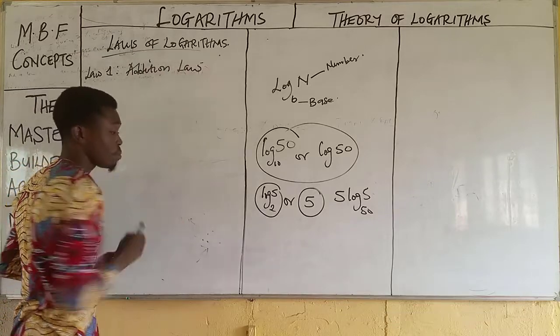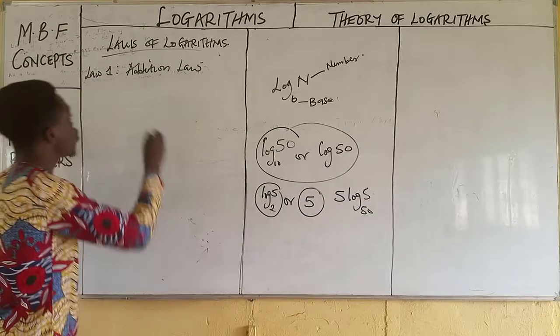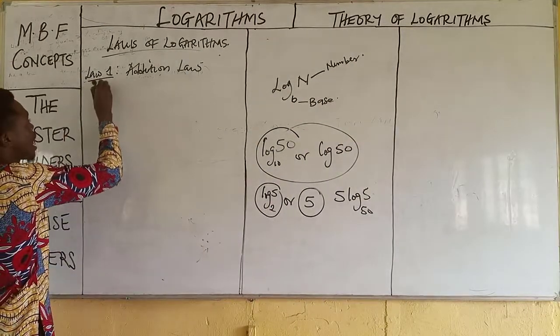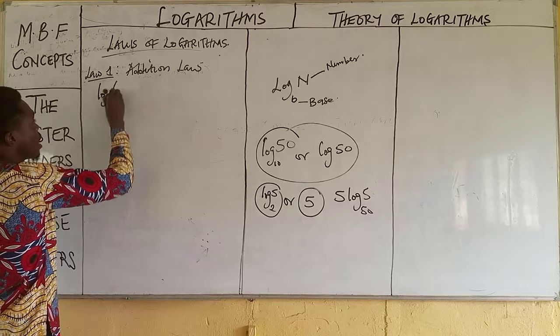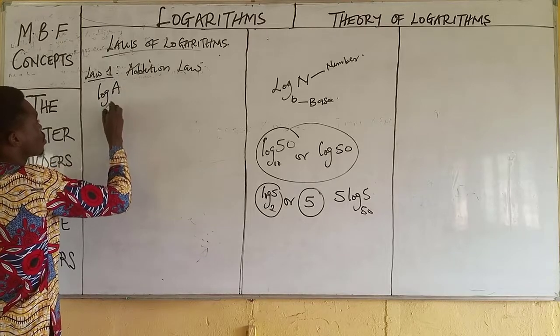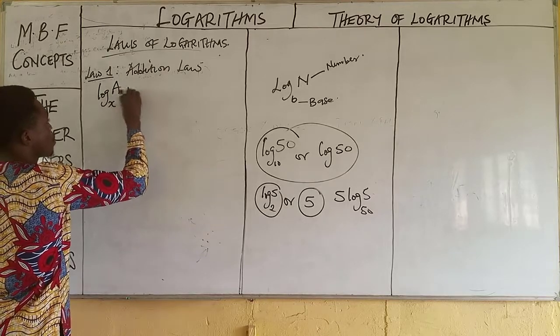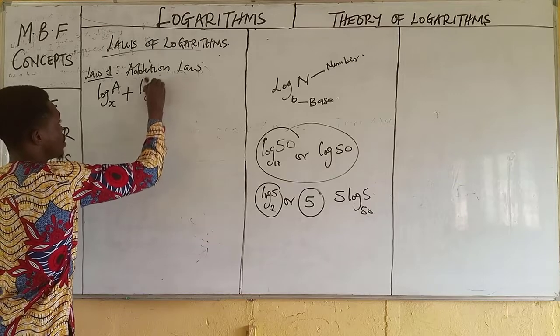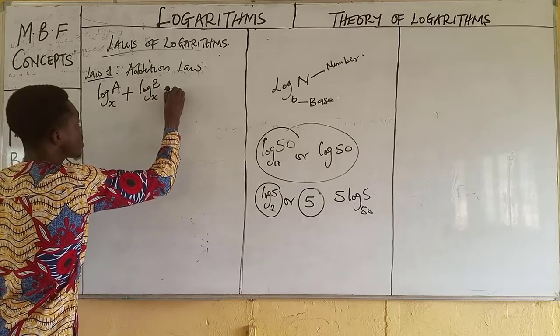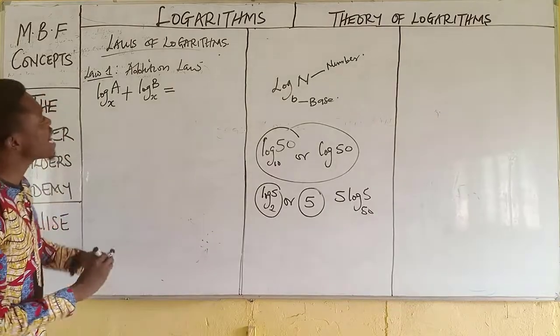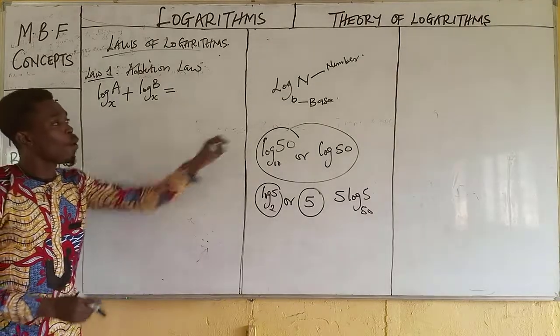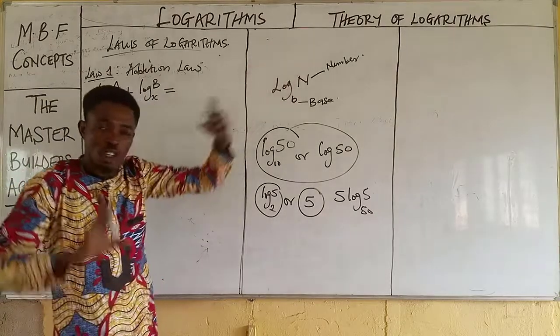Anytime two log readings are added, I have log of A to base x plus log of B to base x. This is equivalent. So you find out that in this case now, we are adding two logs together.